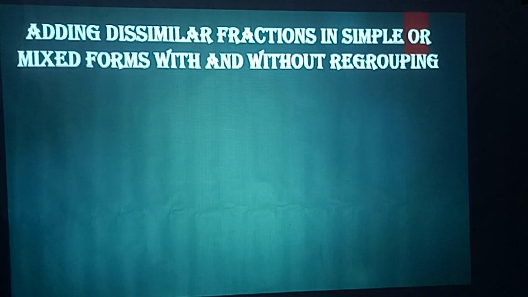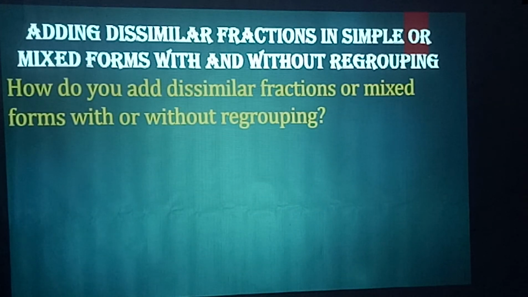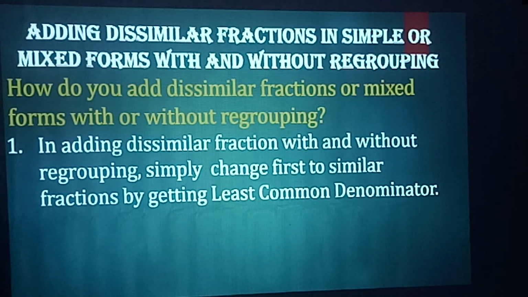is to review how you add dissimilar fractions or mixed form with or without regrouping. Okay, how do you add? So, in adding dissimilar fractions with and without regrouping, simply change first to similar fractions by getting the least common denominator.